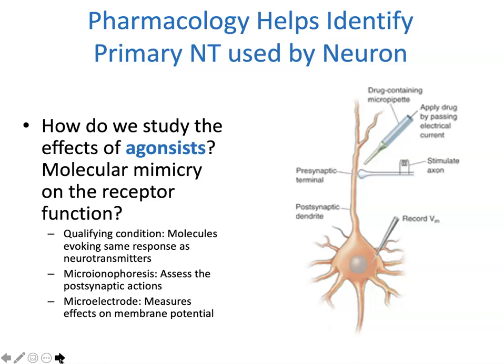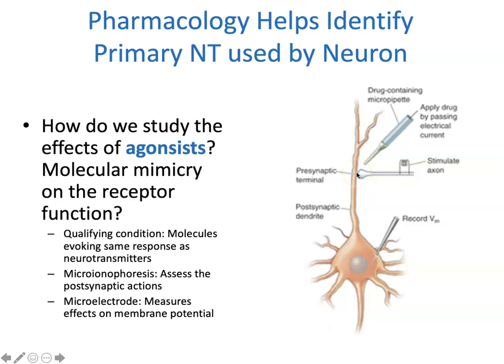Every neurotransmitter has some other pharmaceutic, either naturally occurring or not, that can mimic the activity of that neurotransmitter, or the opposite is true, where there are naturally occurring or pharmaceutically produced antagonists of the neurotransmitter. These drugs are very important for our understanding of how the neurotransmitter functions at any given synapse.